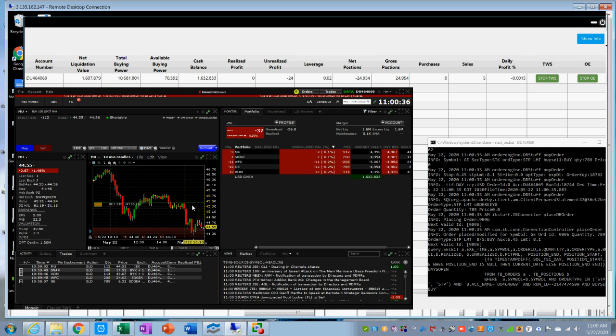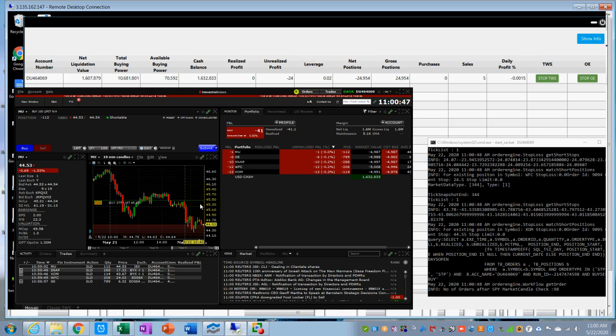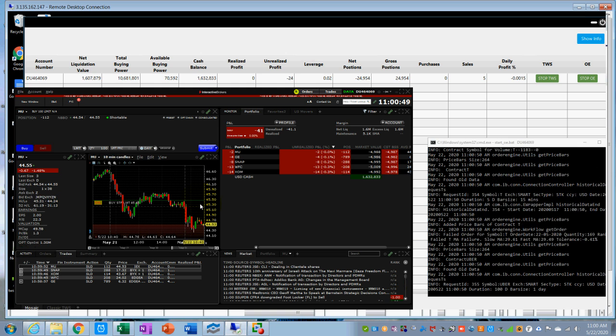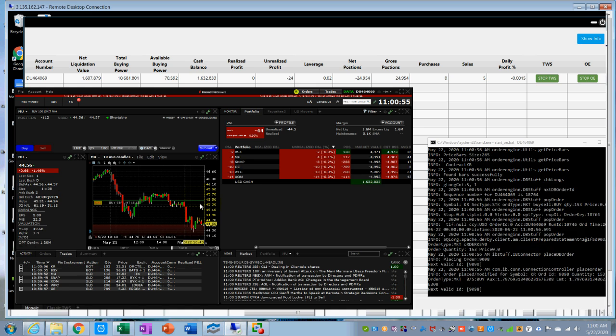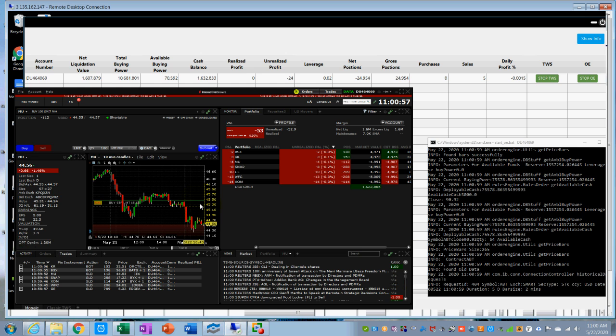Did you notice it did put the stop loss right here? Did you notice? So everything is fully done by the algorithm. So you don't have to be scared or worried about what is happening. It's all based on the mathematical model which you have deployed here.